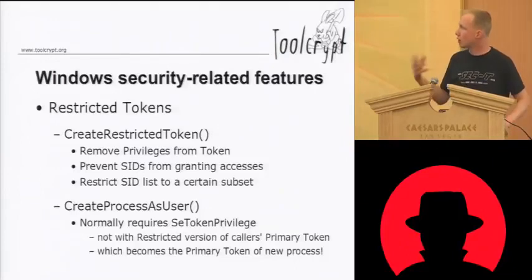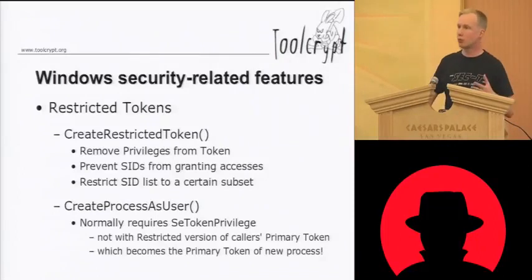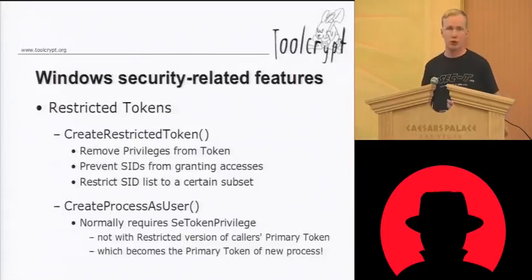So when you've got a token, for example, the primary token of your process, and you've restricted it, removed all the privileges that you don't want to be there, and perhaps added or subtracted from the SID list, you can take that restricted token and pass it in as the first parameter to CreateProcessAsUser. CreateProcessAsUser is normally used by the system only to create new processes, and it makes sure that the primary token of the new process is assigned accordingly.